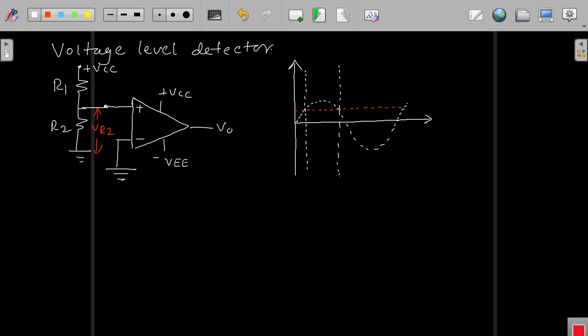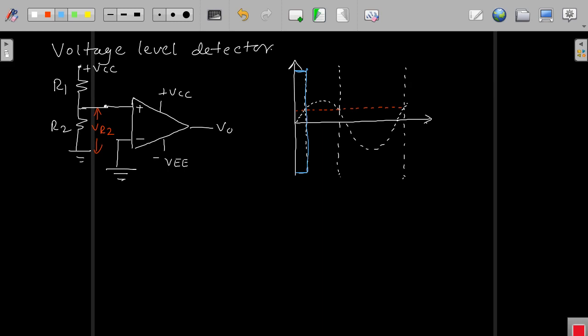Then maybe somewhere here I will have one more, something like this. So I take this color. Now you can see here, as long as the input is less than VR2, the output is, here what I have to take is this. It should be taken like this. Am I right? Please check.